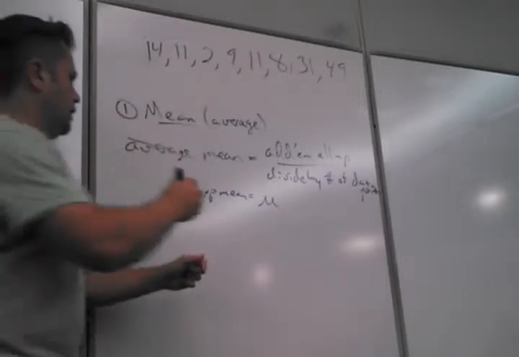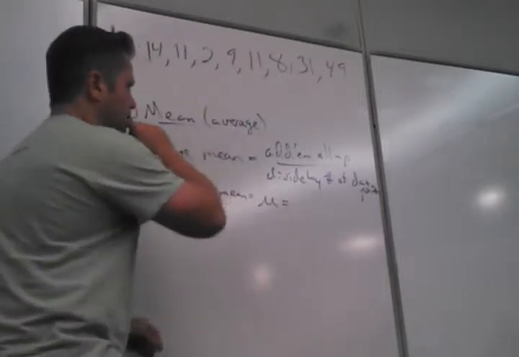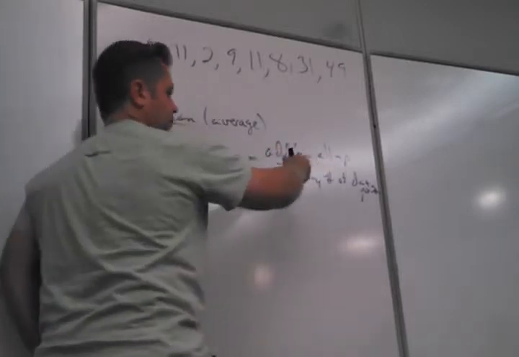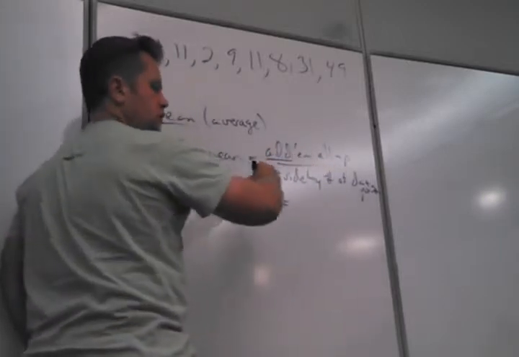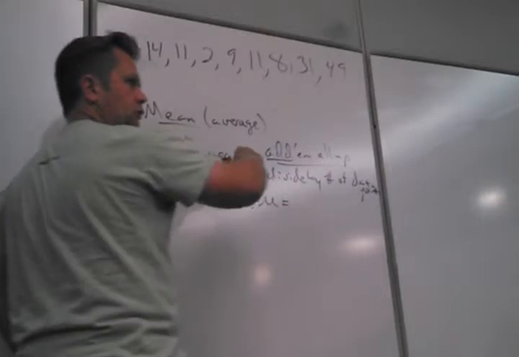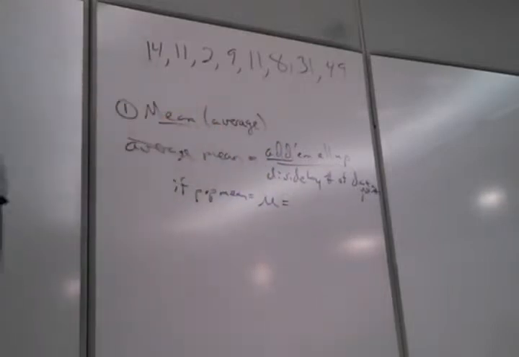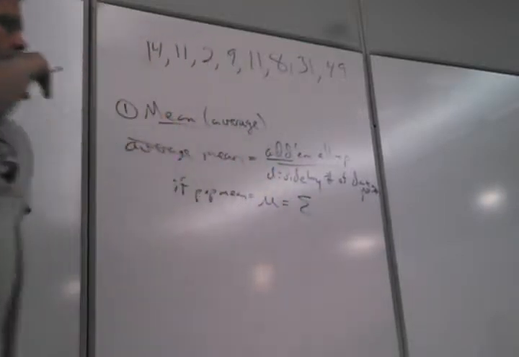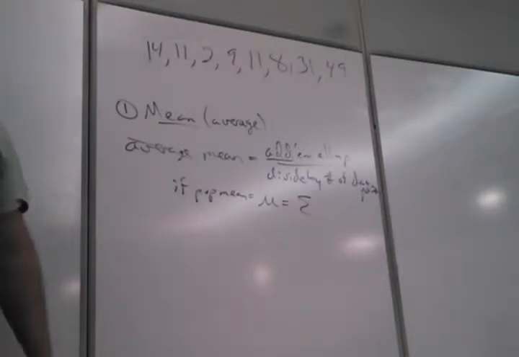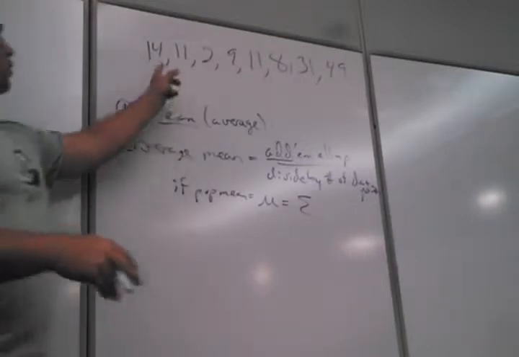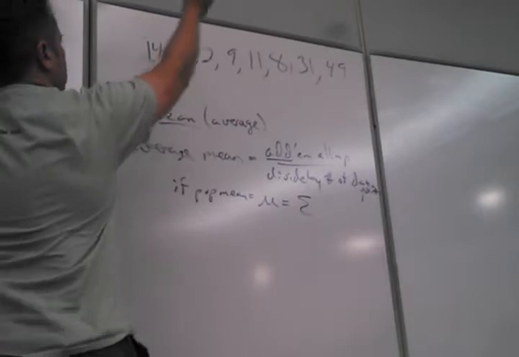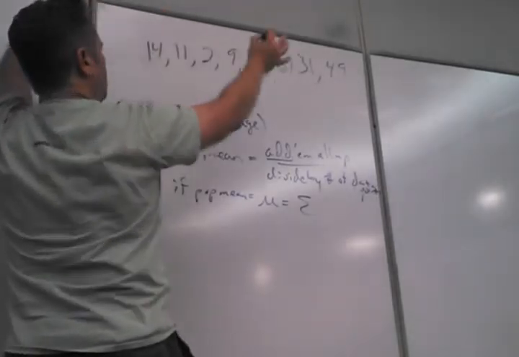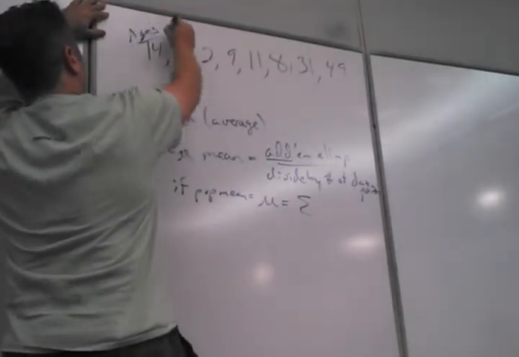And now you ready for this? Add them all up. So the symbol for add is the Greek capital letter S, which if you know your fraternities or sororities, would be sigma. And exactly what am I adding up? Now, these are a whole bunch of numbers. But let's say they represent ages of people.